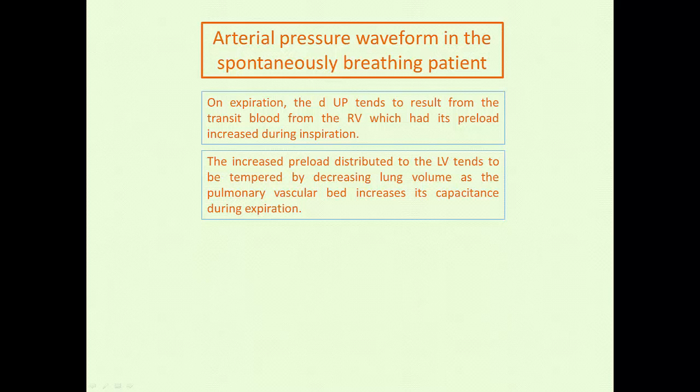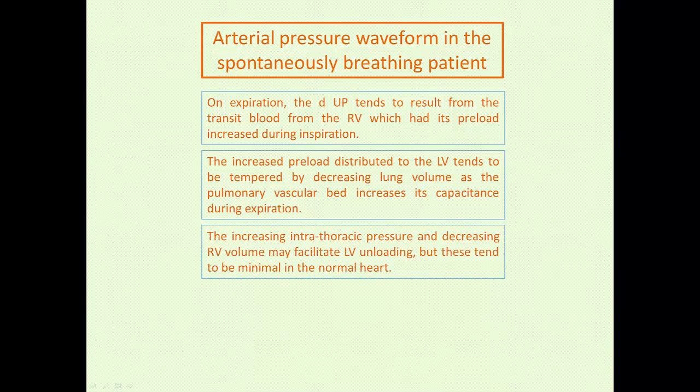Remember, during inspiration and spontaneous ventilation, the RV is filling with blood, and therefore during inspiration, the RV is charging the pulmonary vascular bed with blood. And then during expiration, some of this excess blood is being seen later as a function of pulmonary transit time, but that's being tempered by the decreasing lung volume, which tends to increase the capacitance of the pulmonary vascular bed.